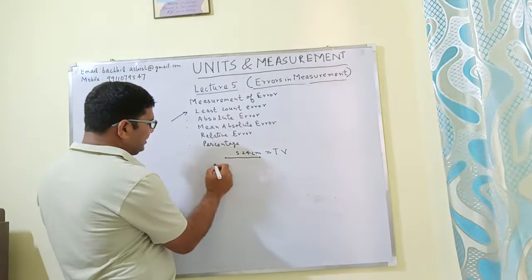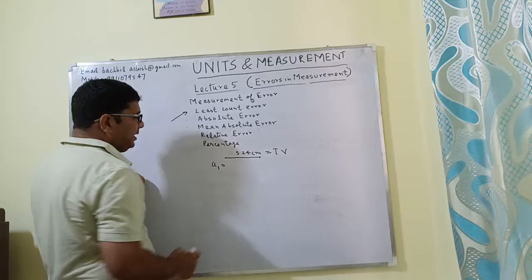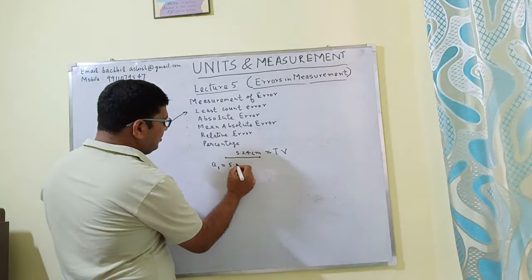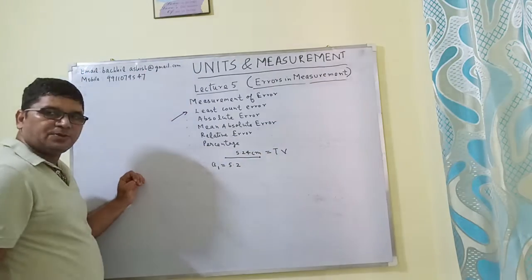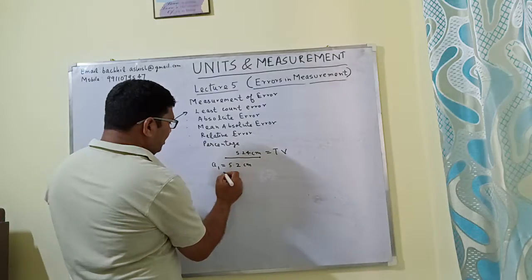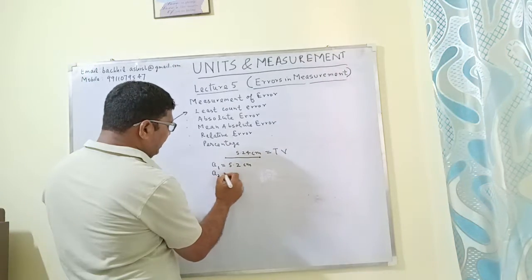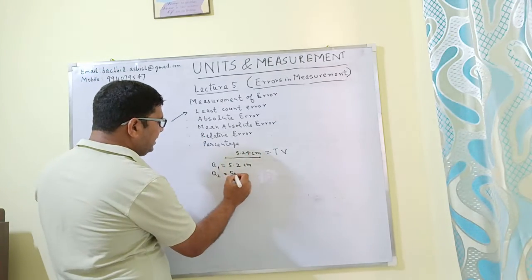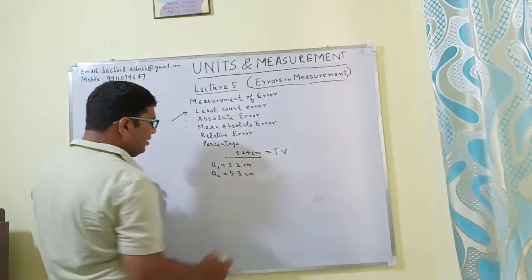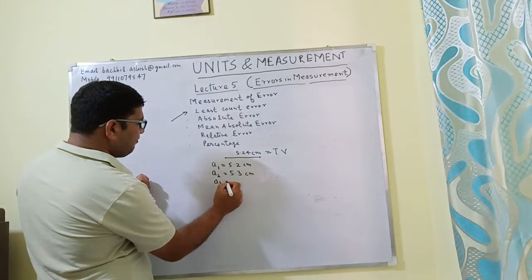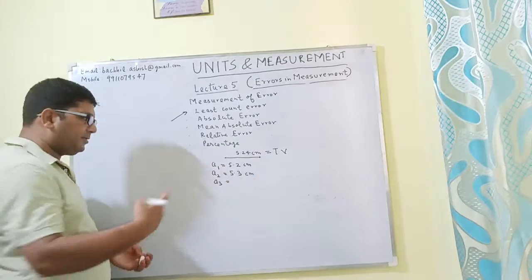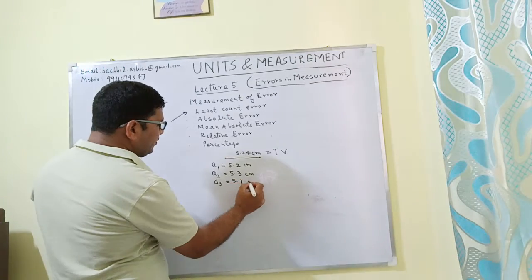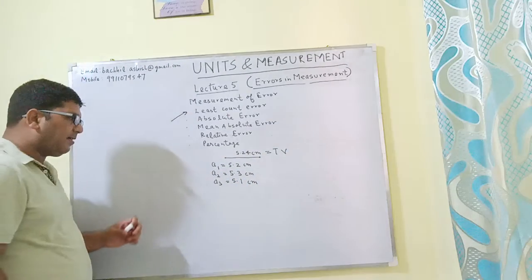Let us say the first measurement, A1, is equal to 5.2 centimeter. I again measure the length, and this time the reading comes out to be, let's say, 5.3 centimeter. I again measure the length of this physical quantity, and let us say it comes out to 5.1 centimeter.